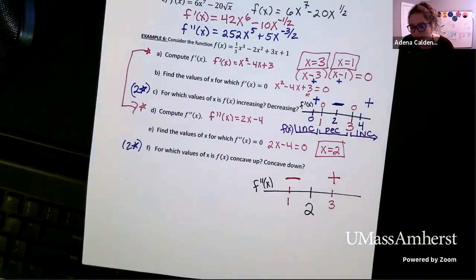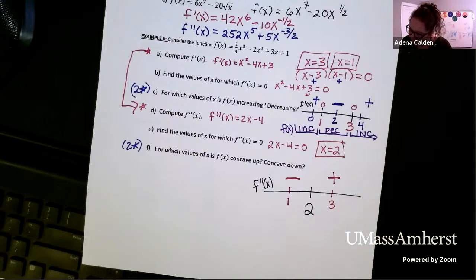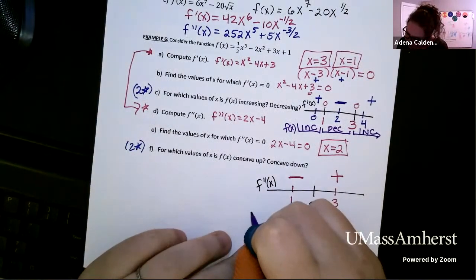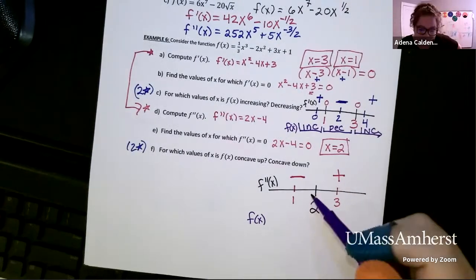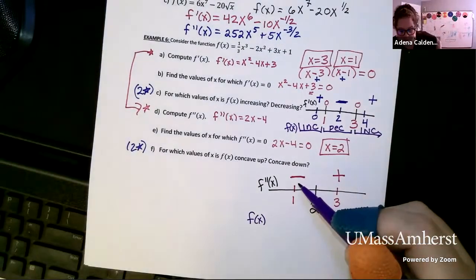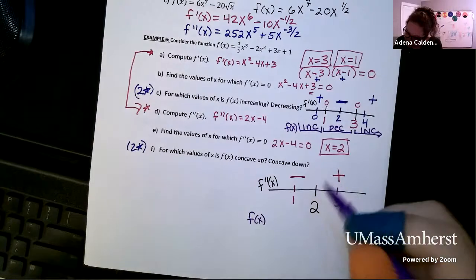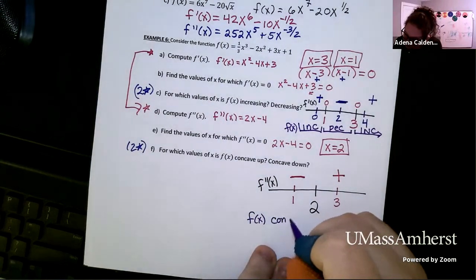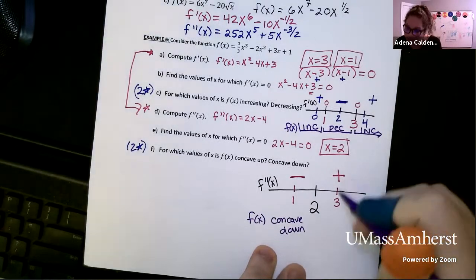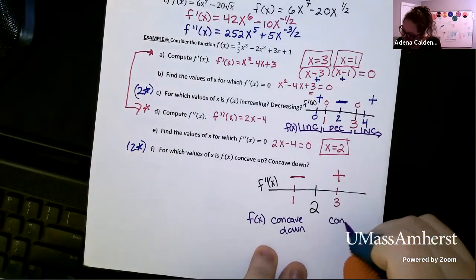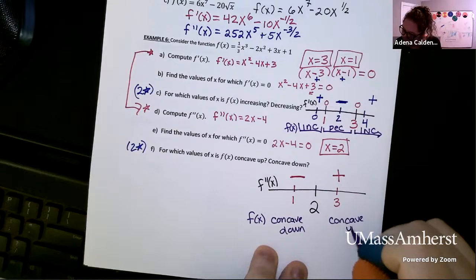So knowing the sign of the second derivative will tell me the concavity of the original function. So when the second derivative is negative, that means that the original function is concave down. And when the second derivative is positive, I am concave up.